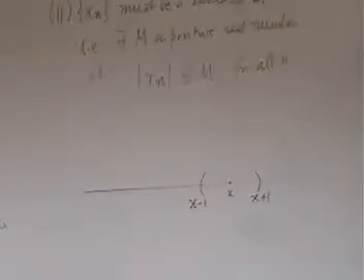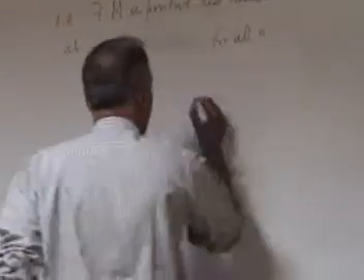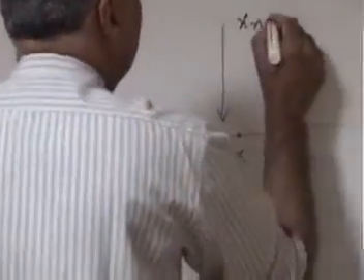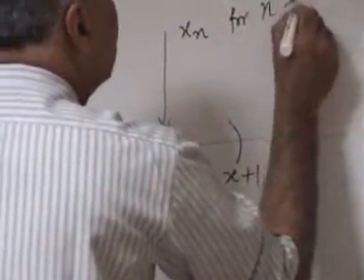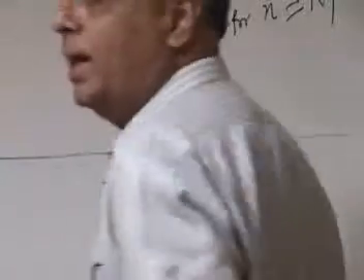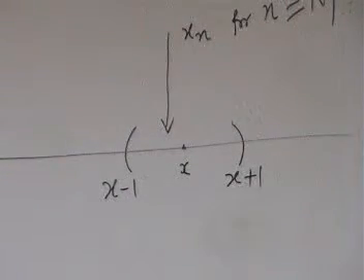Then what happens? All the xn's for n greater than or equal to some n1 will lie here. So at least you can say one thing: beyond a certain stage, they are all bounded. There is something to the right of which they cannot go. It's just pictorial. You should write a technical proof.